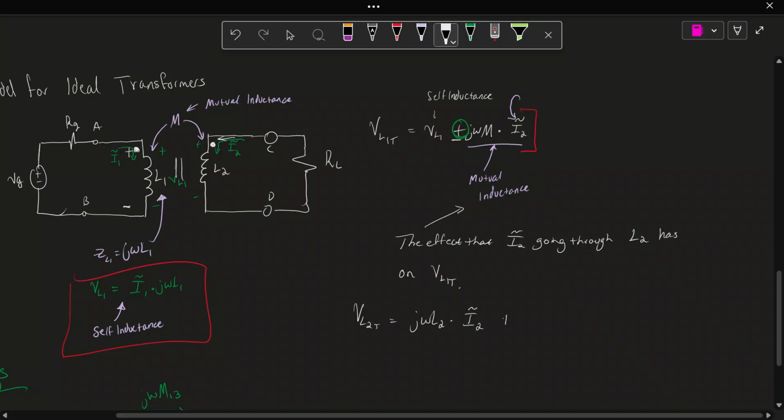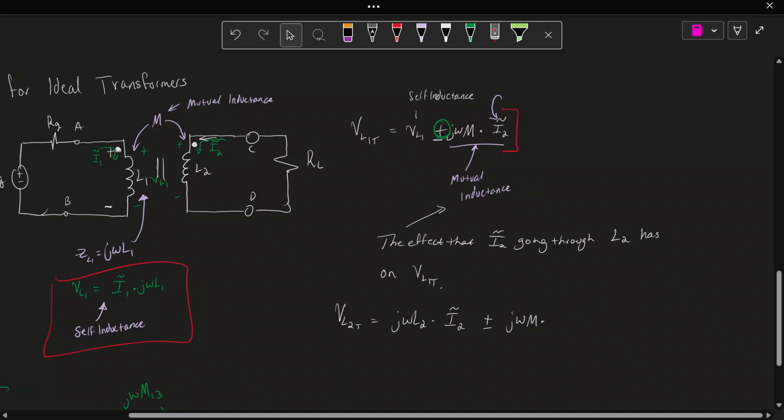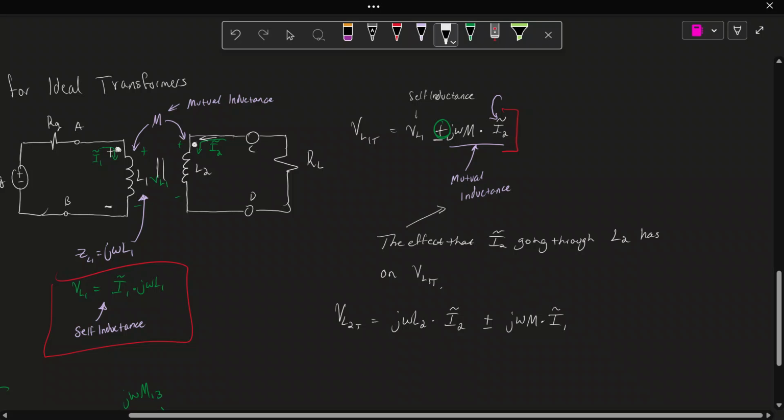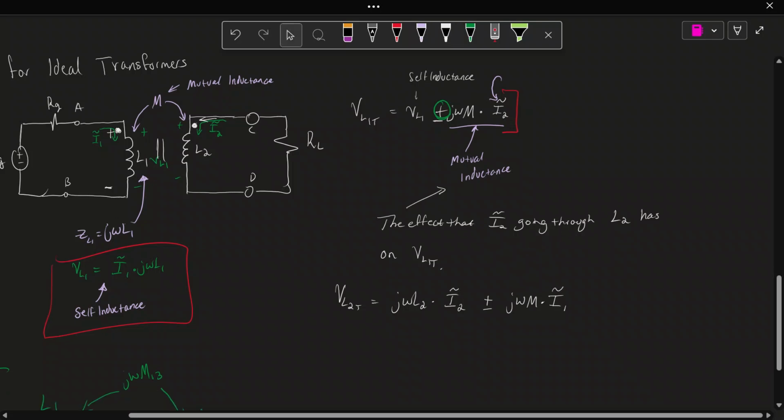And then we have our mutual inductance, plus or minus. We can just write this down, j omega M times which current? Well, now we're looking at L2. So what current is going to be affecting the voltage drop across L2? Well, it's going to be I1, because we're looking at the mutual inductance.